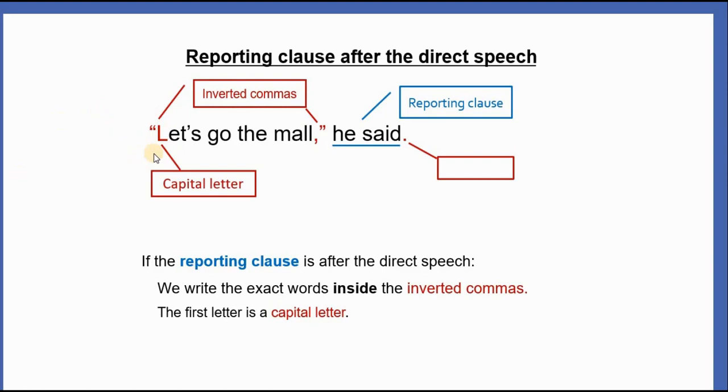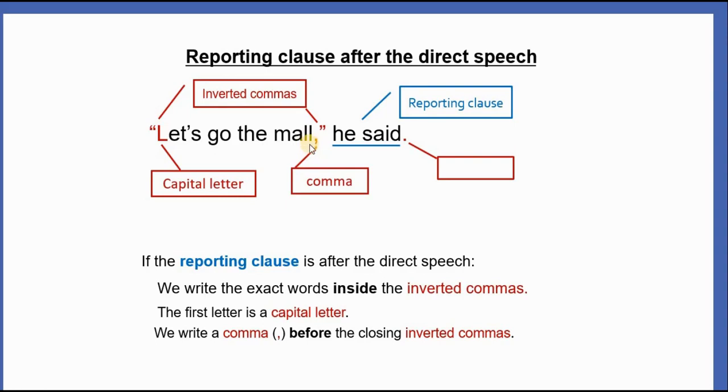And again, the first letter is a capital letter L. This is different. This time we write a comma before the closing inverted commas. Alright, here this is a comma and it is not a full stop. That's important.